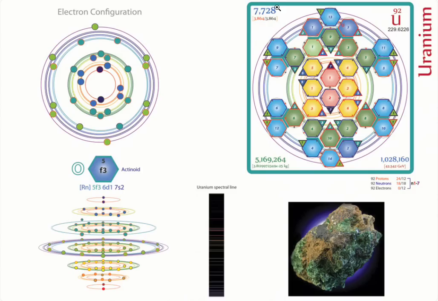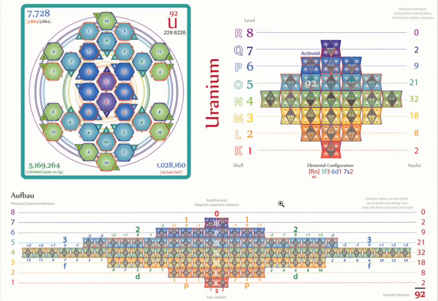We obviously have the charge geometry. The 92 elements give us a total of 7,728 charged geometries in the nucleus. And knowing the rest matter, we can in fact calculate the absolute rest mass, and we can calculate the stored energies in the charge geometry that result from these quantum levels 1 to 8, or 1 to 7 in the case of the uranium atom.